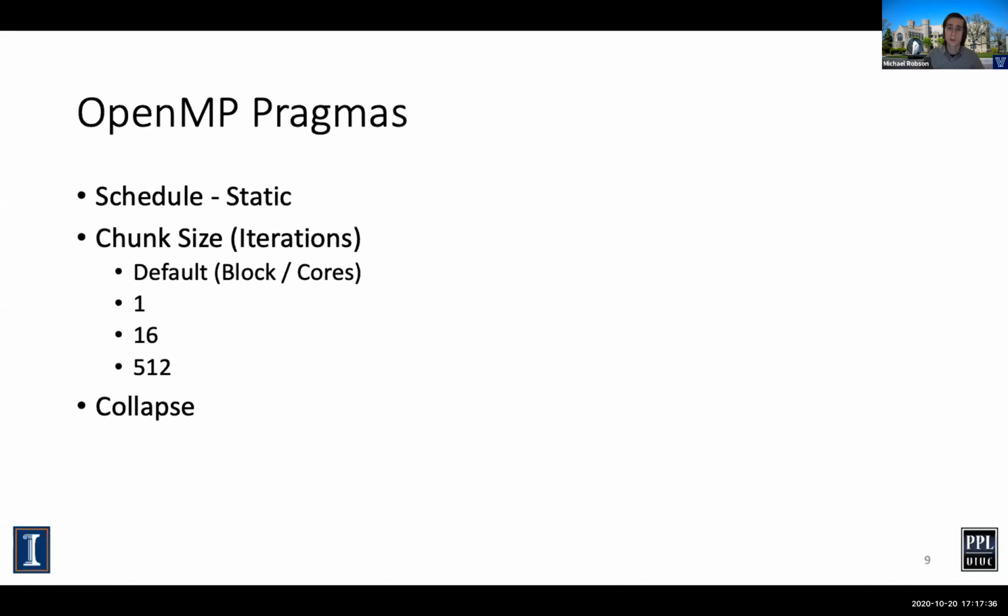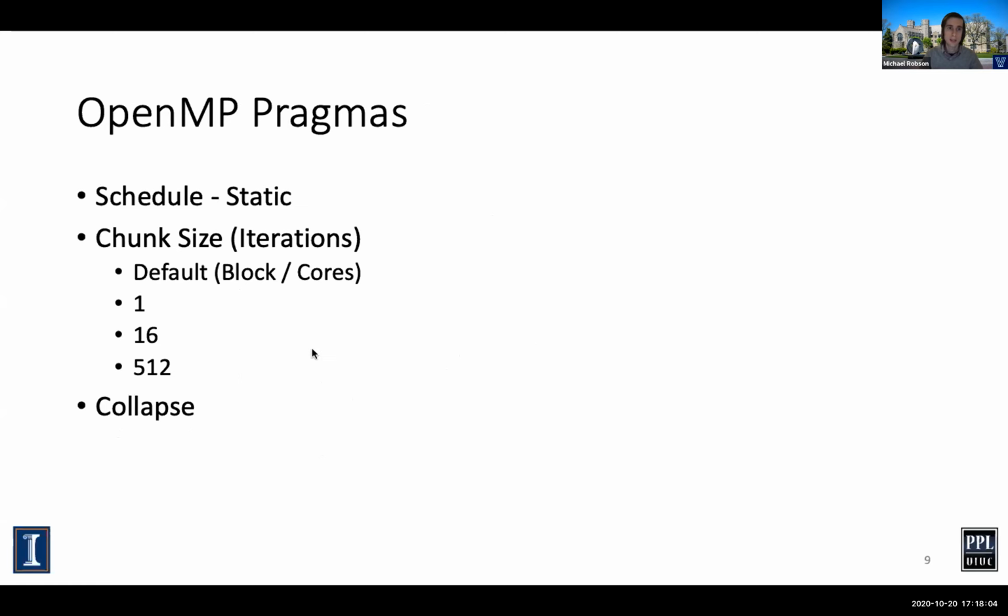We also use a variety of OpenMP pragmas. We use a static schedule to examine the performance, since this is a regular application with no big variance in load. We will talk about load balancing at the end, which is one specific advantage that Charm has, but it's not something we're examining here. We also try the collapse parameter, which we saw occasionally give increased performance, and various chunk sizes.